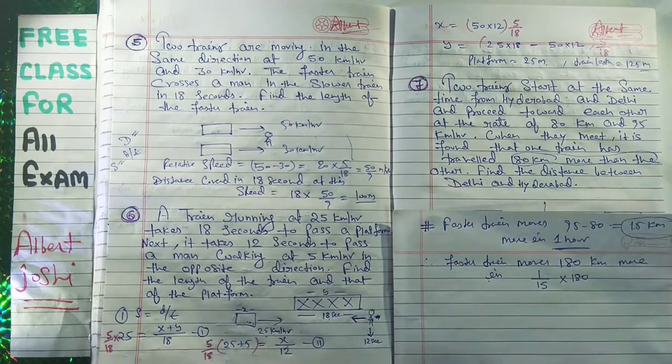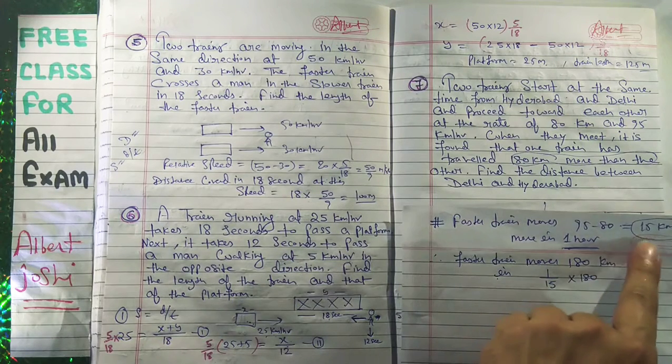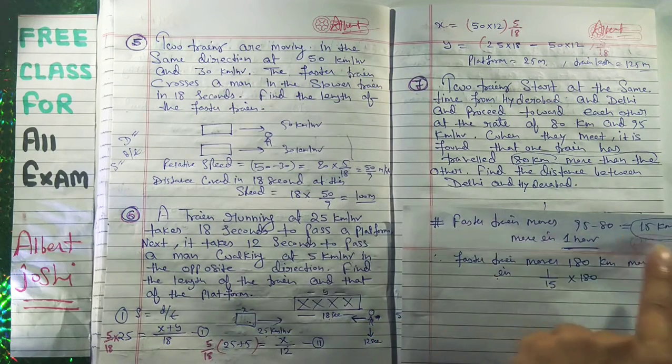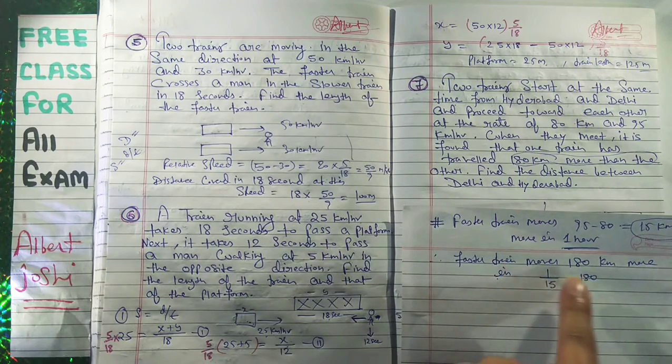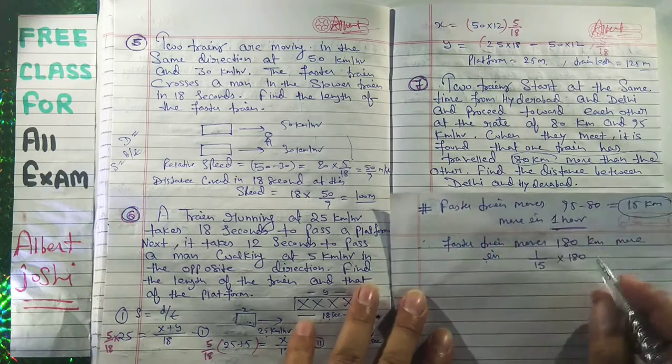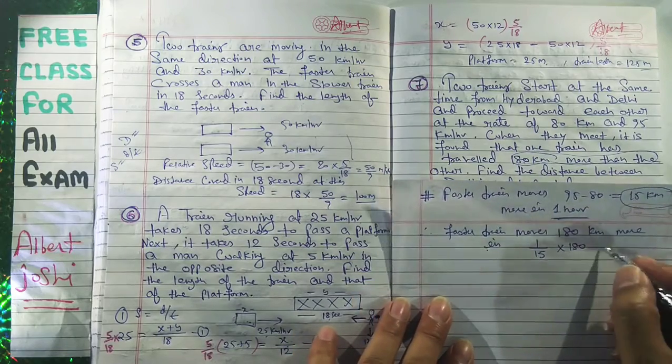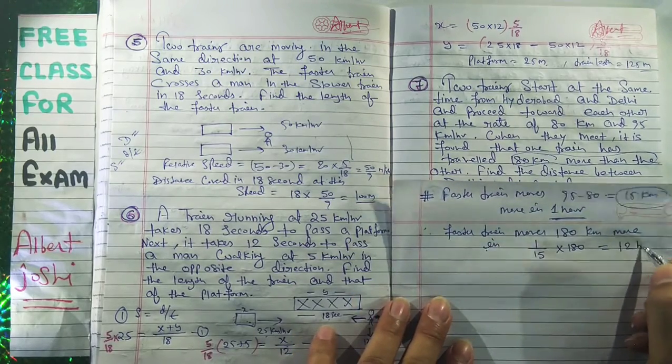What is the meaning of 1 upon 15? It means 15 kilometers is the extra distance it travels per hour. So the faster train moves 180 kilometers more in 1 upon 15 into 180, which, if you calculate, is 12 hours.